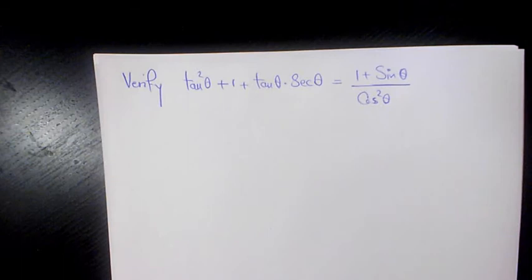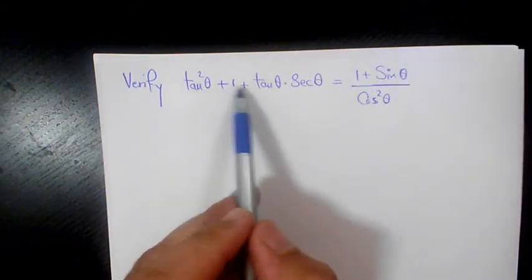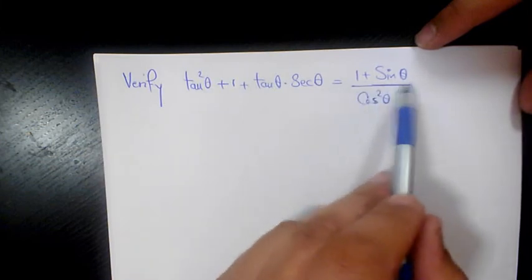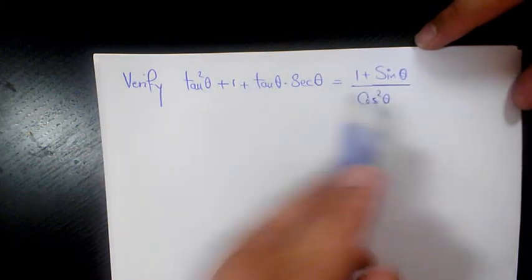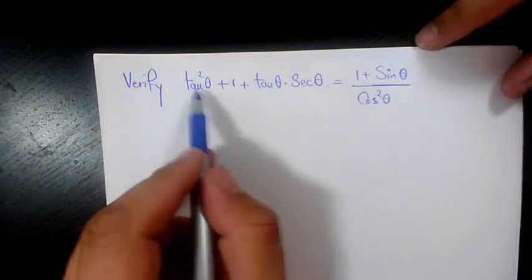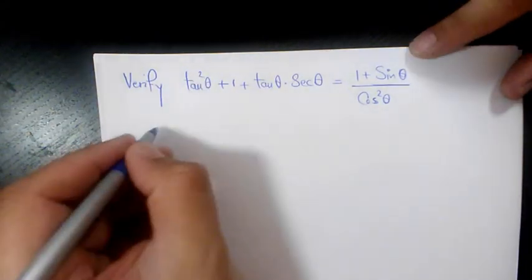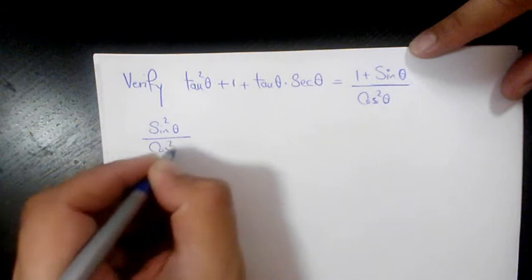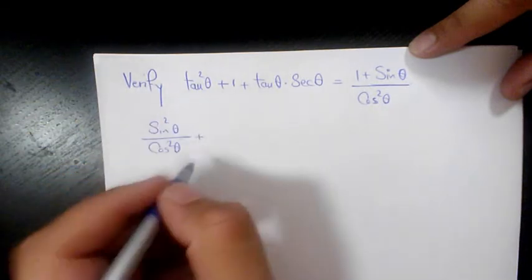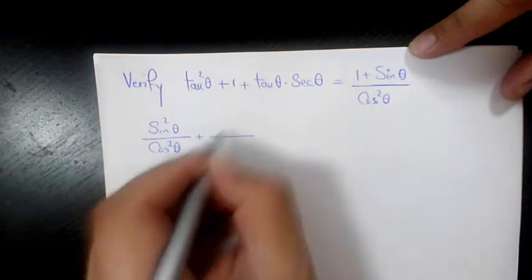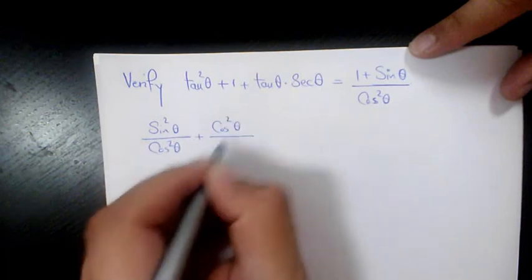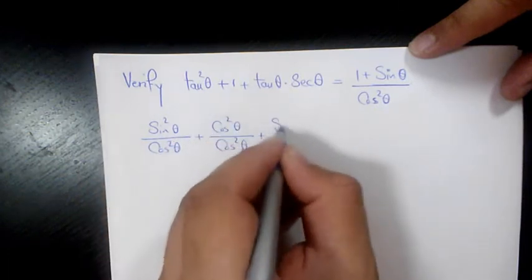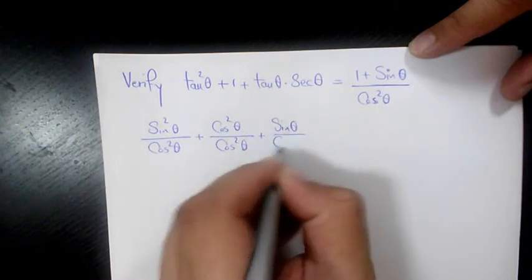Now in this example, we have tan squared theta plus 1 plus tan theta times secant theta equals 1 plus sine theta over cosine squared theta. So tan squared theta is sine squared theta over cosine squared theta. 1, I'm going to write as a fraction with the same denominator in here. Tan theta is sine over cosine.